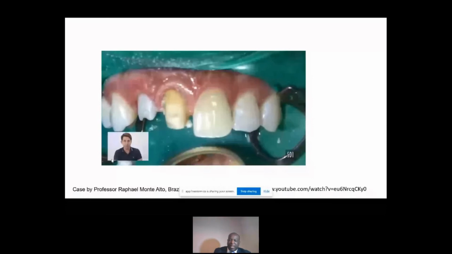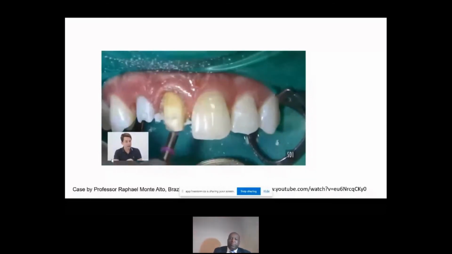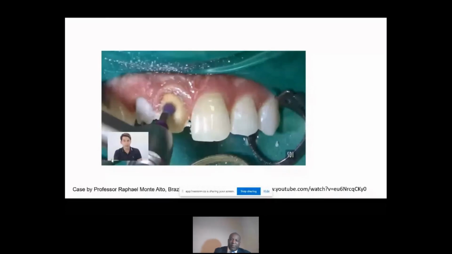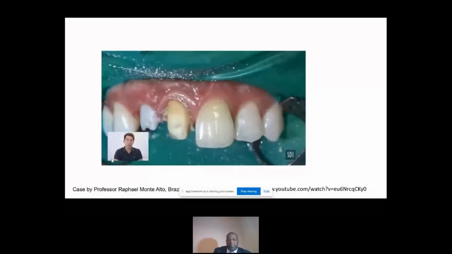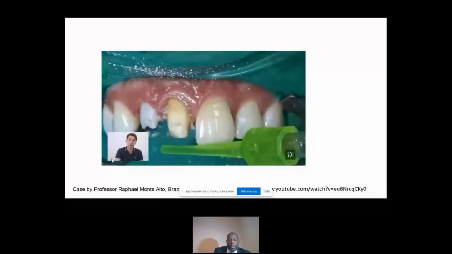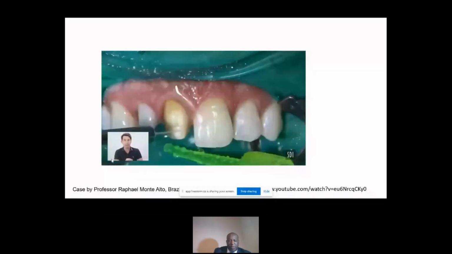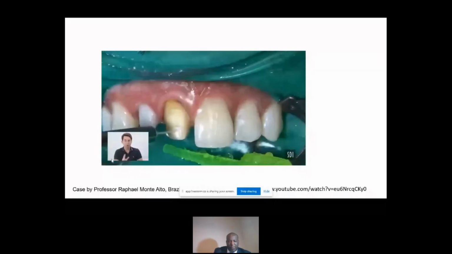Professor Alto is checking to ensure that no temporary cement remains, and that it has been removed and thoroughly cleaned, and washed. As we said, we want to keep our preparations moist.